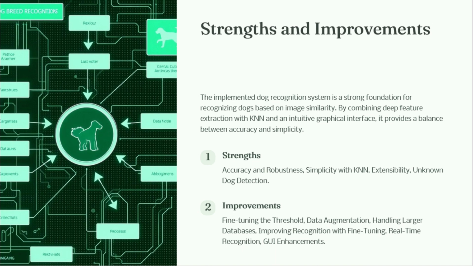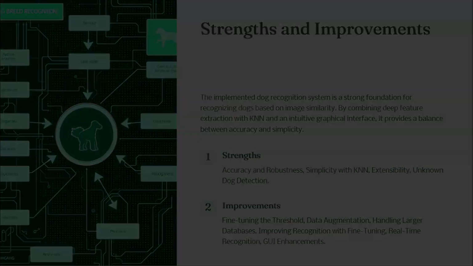However, there is always room for improvement. For instance, fine-tuning the recognition threshold can help reduce errors. We could also implement data augmentation to improve the model's performance on more diverse images, and eventually we can work towards real-time recognition with a large database.